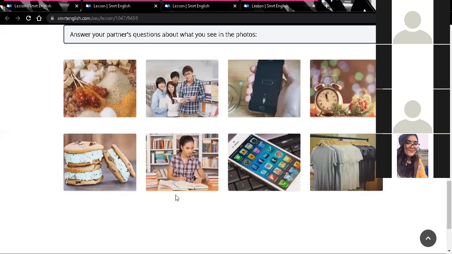What did you want to ask? ¿Qué querías preguntar? ¿Cuánto está estudiando? ¿Qué tanto está estudiando? Okay, so how much is she studying? Roman? She is studying too much.